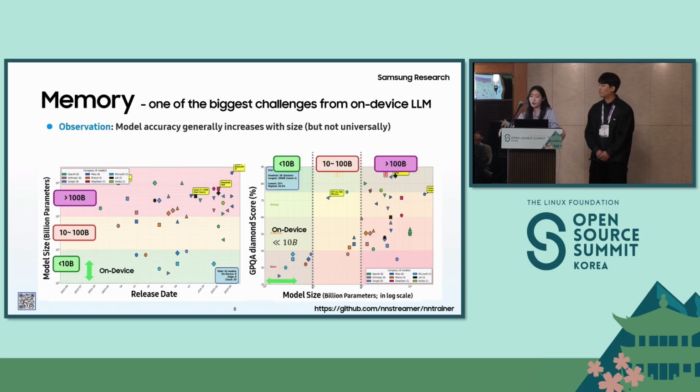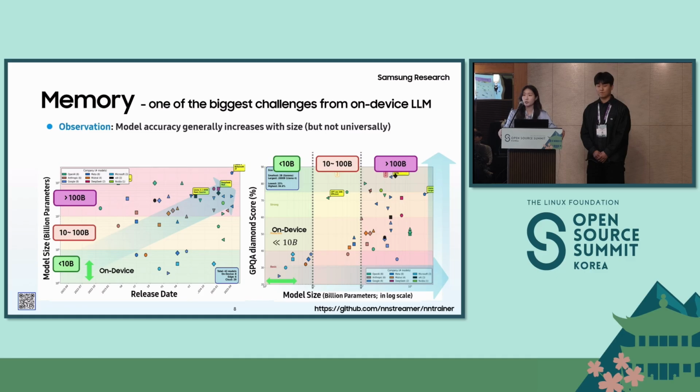So let's take a closer look at the memory challenges. If you look at these two graphs, two things stand out. First, super large language models keep being released. And critically, those larger models are generally more accurate. But this brings us back to our reality.